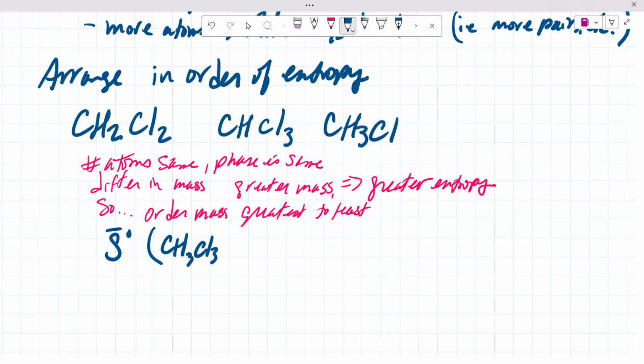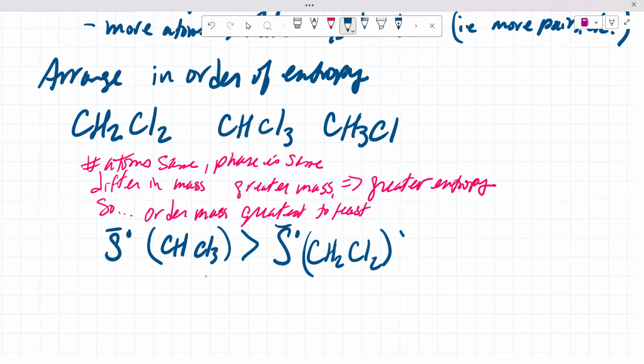CH3... that's not a legitimate formula. What's going on here? It would be CHCl3 is greater than the entropy of CH2Cl2, right?